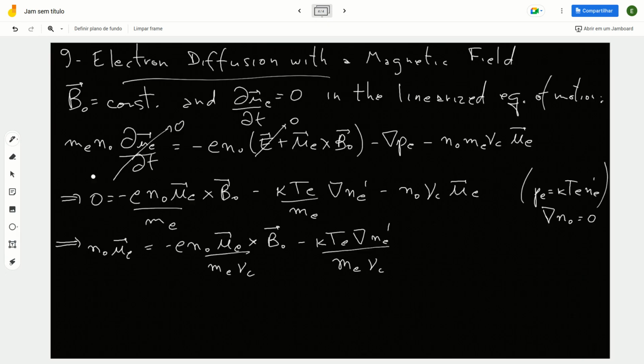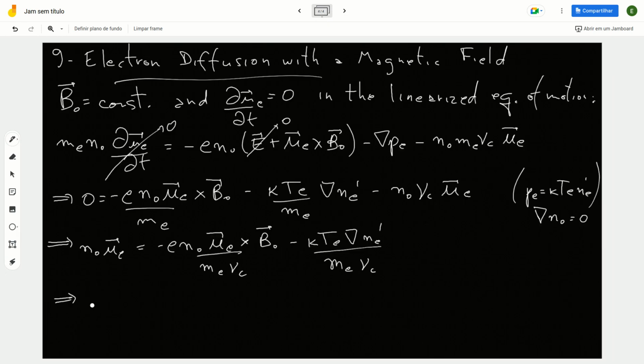So we can use gamma E is equal to, well, dE minus dE, because dE is this, right? dE is KTE over ME nu C. So this is dE.